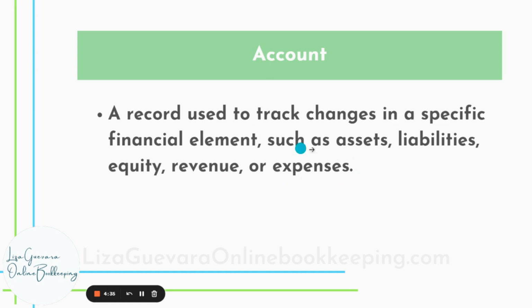An example of an asset account is your cash account. A liabilities example is your accounts payable. An equity example is your capital account. Revenue is your sales. An expenses example is, for example, salaries expense. We are going to see all these accounts in the chart of accounts of the company.